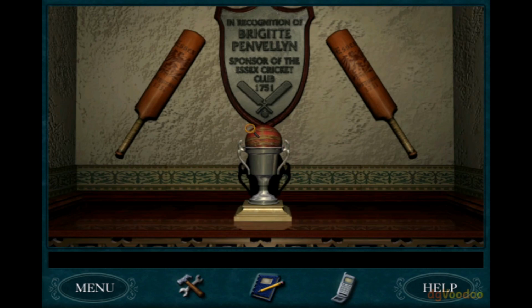Bridget's coat. In recognition of Bridget Penvellyn, sponsor of the Essex Cricket Club, 1751.